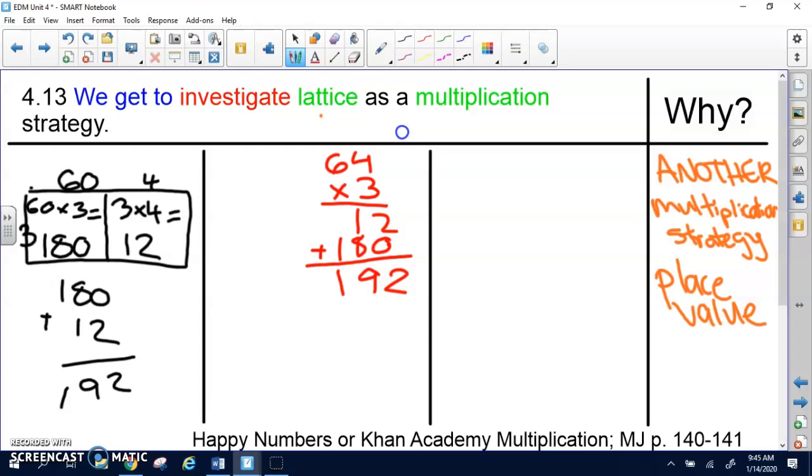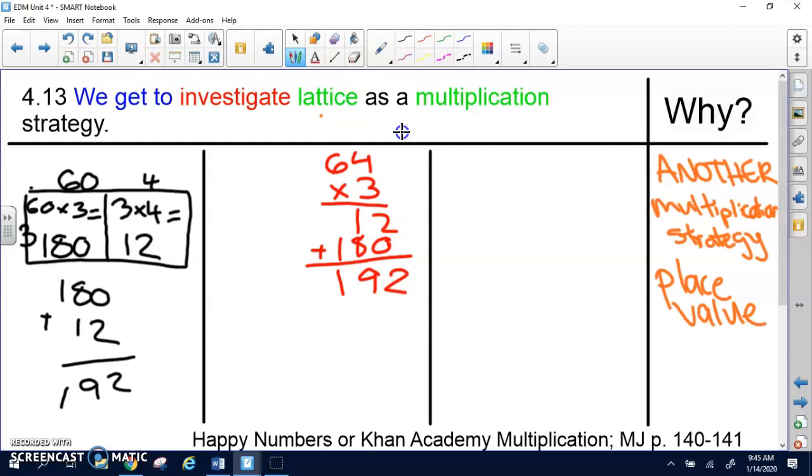Here's one of the downfalls of lattice: it is visually similar to partition rectangles. Can you look on page 141? Do you see all these rectangles? These rectangles now have dotted lines across them. I'm going to show you how that works, and those dotted lines have everything to do with place value.